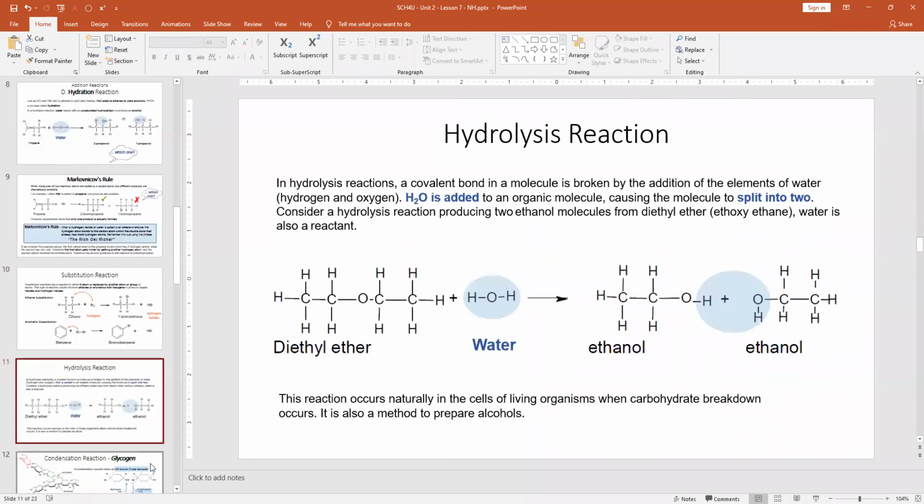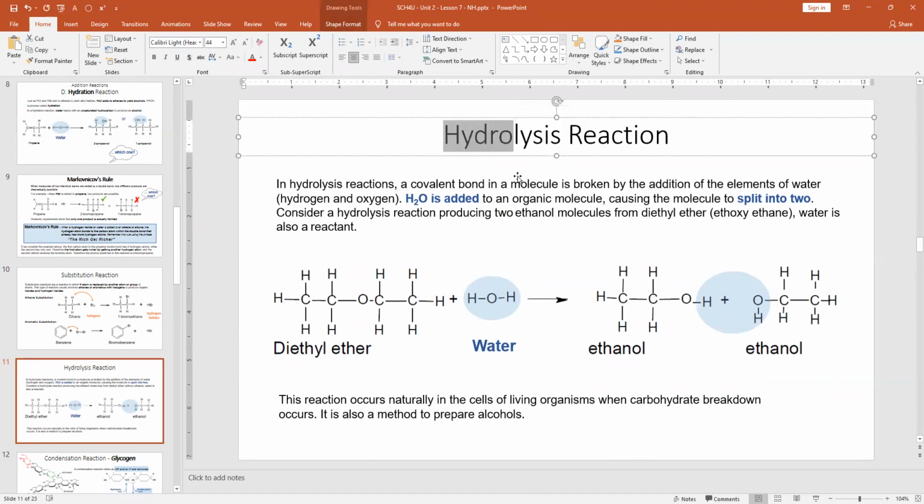Then another type of reaction is the hydrolysis reaction. And in a hydrolysis reaction, as you can guess by the title, it involves water. The word hydro tells you that there's an involvement of water.